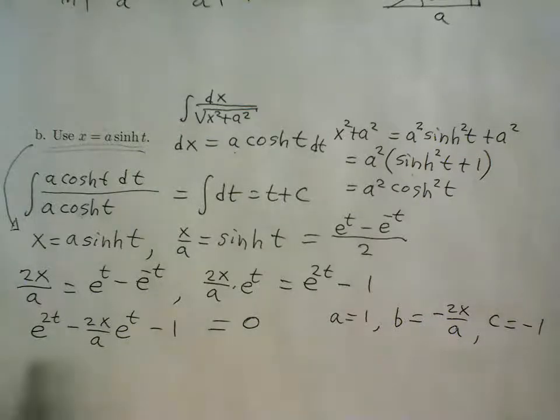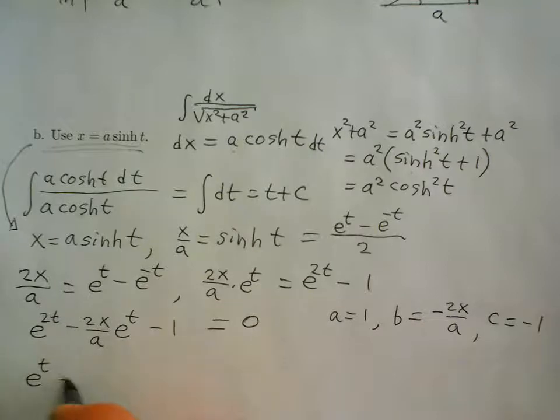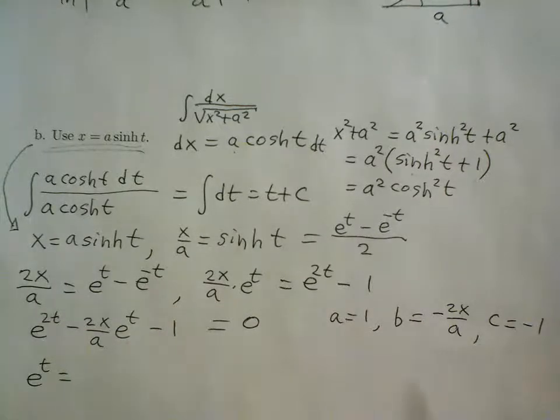So applying the quadratic formula to this, I get e to the t equals negative b. So the negative of negative 2x over a is 2x over a. And then plus and minus the square root of b squared minus 4ac.